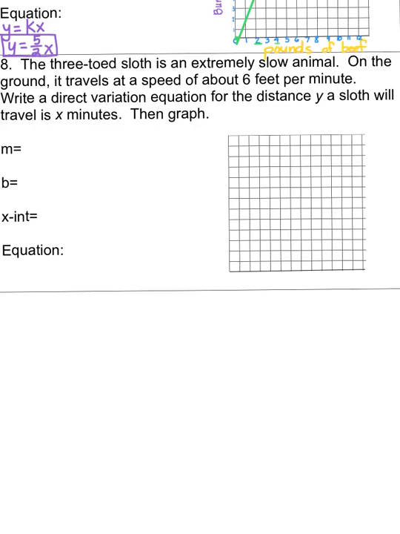We know it's a direct variation problem because that's what they tell us it is. We know we'll find the slope by finding y over x. Well, let's go back to the problem to find out what the y is and what the x is. The y is the distance and the x is the number of minutes.